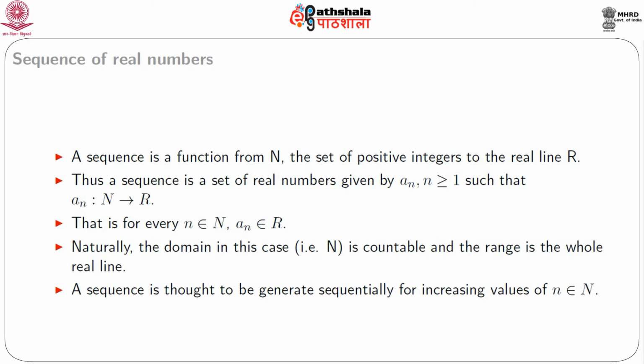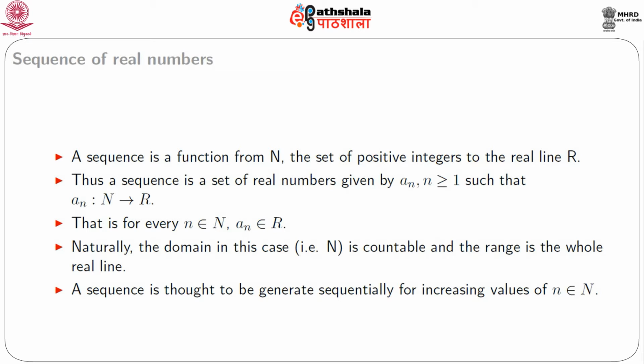A sequence is a function from N, the set of natural numbers or the set of positive integers, to the real line R. Thus, a sequence is a set of real numbers given by a_n where n is greater than or equal to 1 such that we get a value of a_n in the real line.